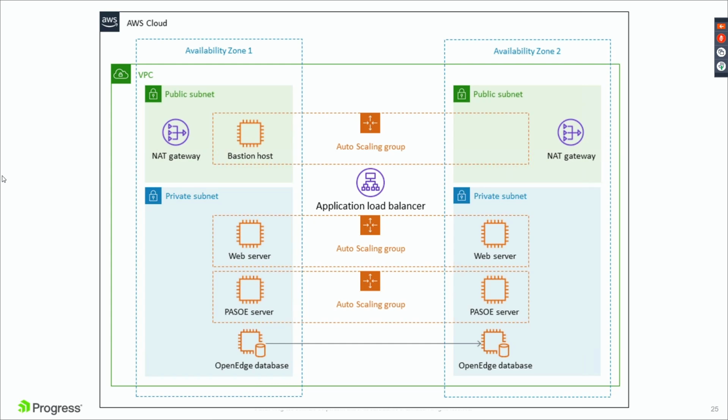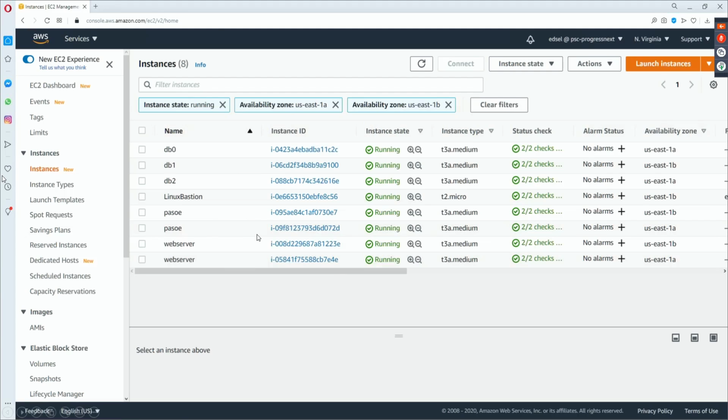So let's see more of this infrastructure. On AWS, the way that you see the machines in the configuration is through the EC2 dashboard. And here we have the instances page where we have an instance for the database, DB0, and DB1 and DB2. This corresponds to the source replica, target replica 1, and target replica 2 to use OpenEdge replication.